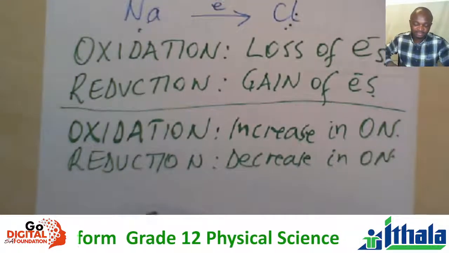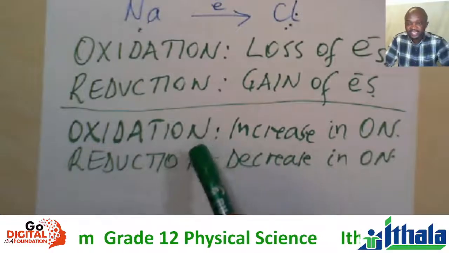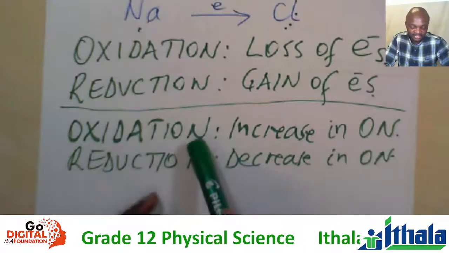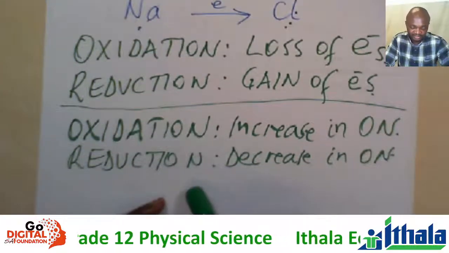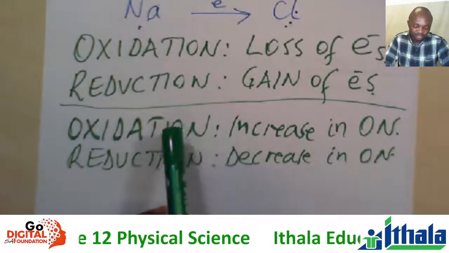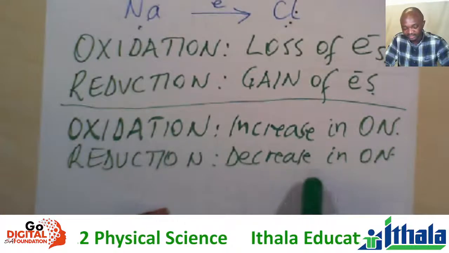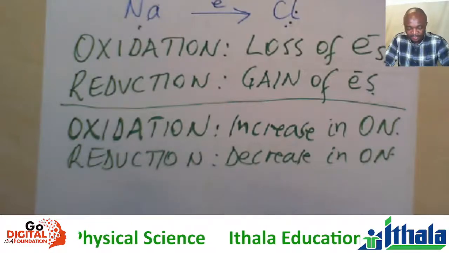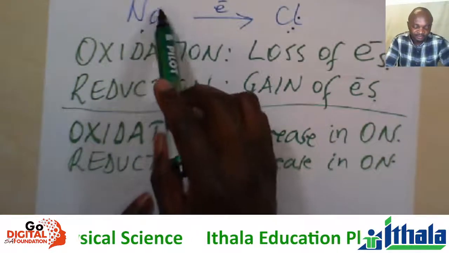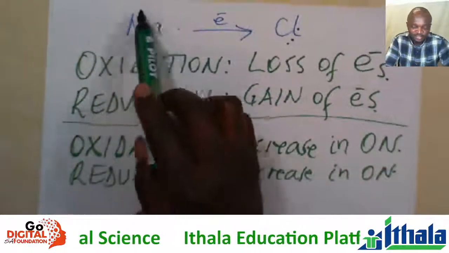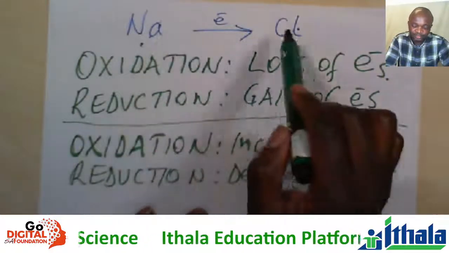Then the next thing is ukuthi le oxidation ayenzeki yodwa, but iyenzeka at the same time with a reduction. Ngoba for a substance ukuba oxidized, ifanele kube khona a substance izoba reduced. So sodium njengoba i-oxidized, i-oxidize obani? Chlorine.